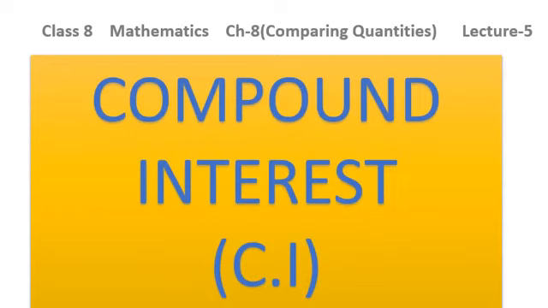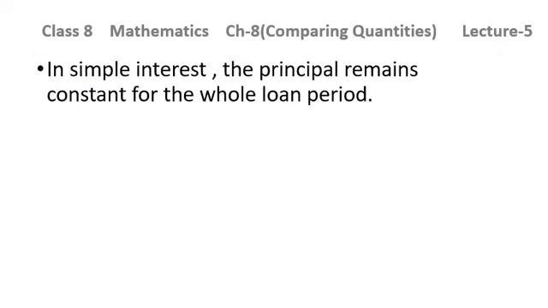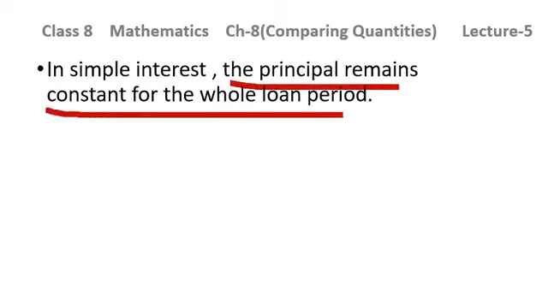This is an interesting concept and it should be very clear to you what is the difference between simple interest and compound interest. We will know further in the coming slides. Let us see now the difference. In simple interest, the principal remains constant for the whole loan period.